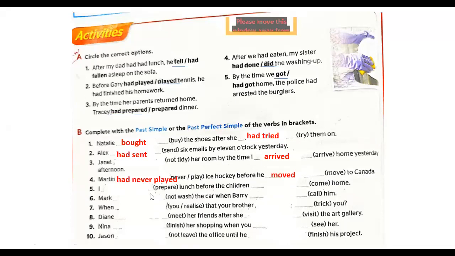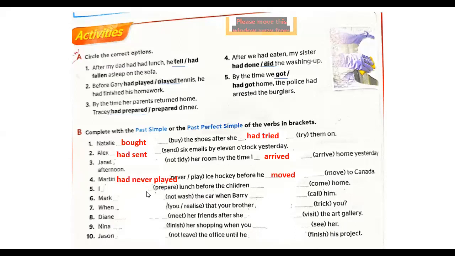Okay, Hussein. Number 5. I what lunch before the children. Before. So I had prepared, because it's action number 1 or action number 2? Action number 1. Okay, had prepared, so that's action number 1.